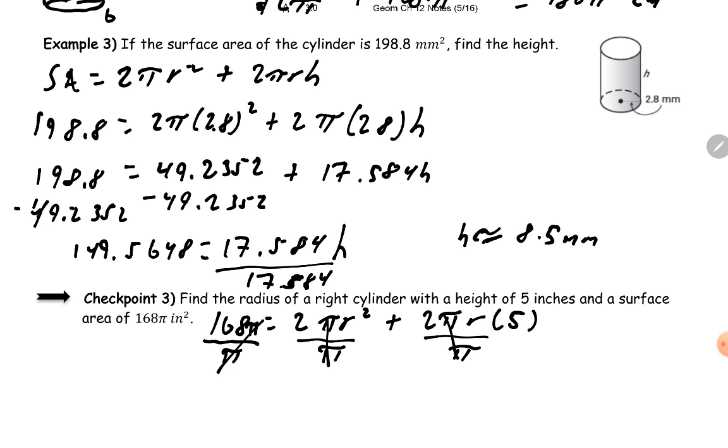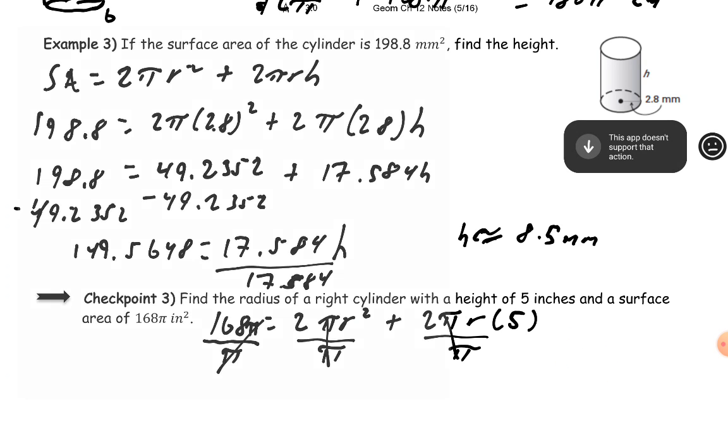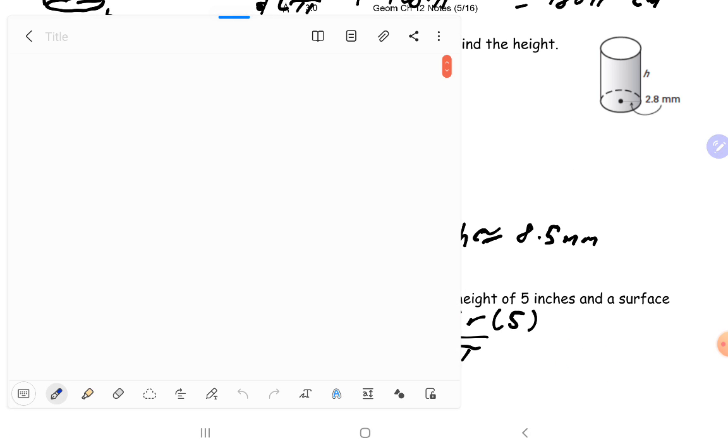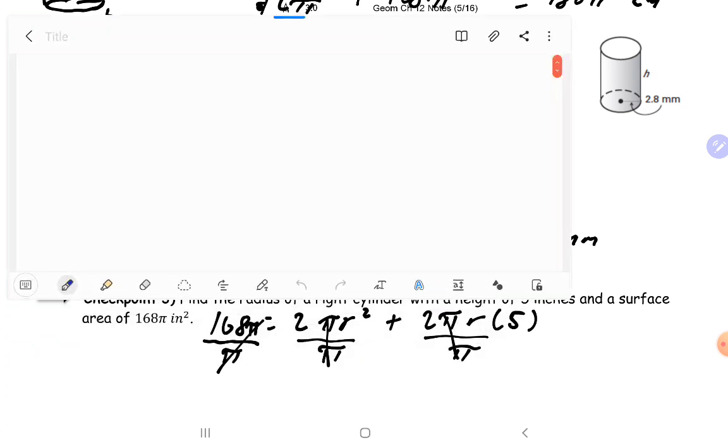So my equation now becomes 168 equals 2r squared plus 2 times r times 5, which is 10r.